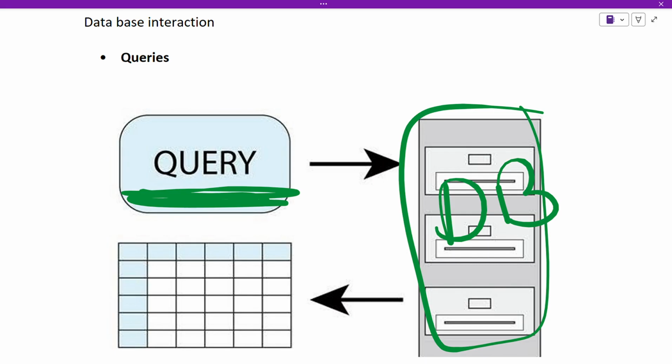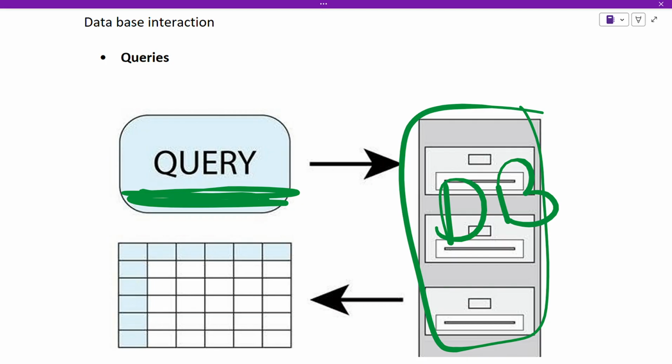So what is a query? We will get deep into what a query is and how it looks and how to write multiple types of queries. So a query is just like a question. I'm asking the database, okay, give me this table. The way we write it is going to be defined, so we will talk about it later.